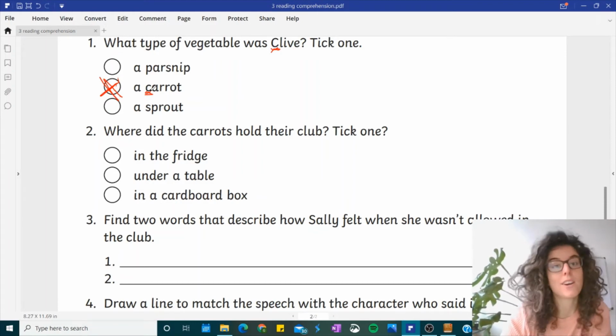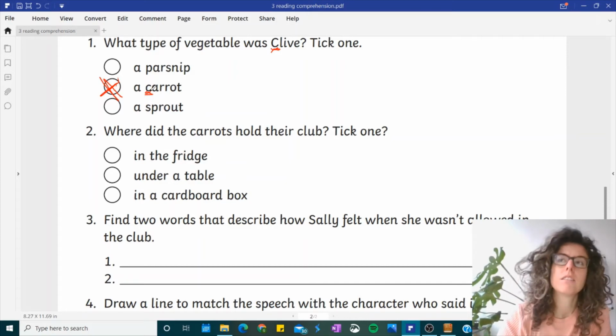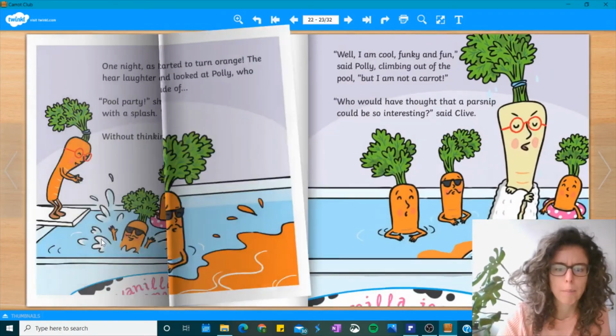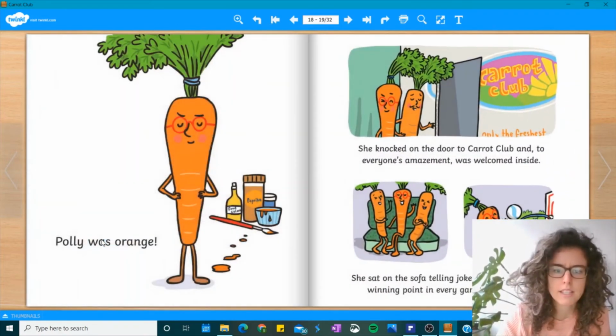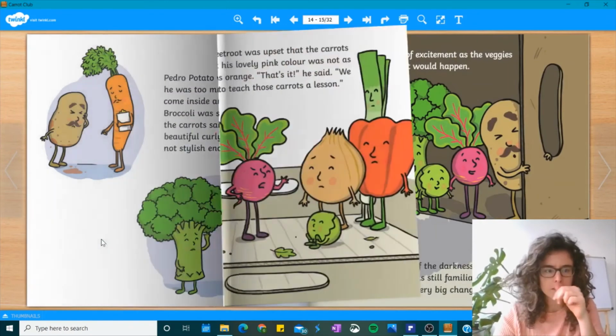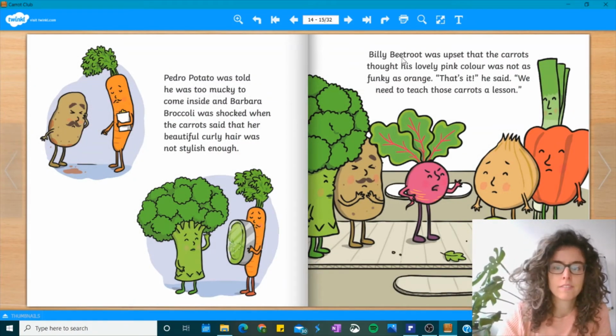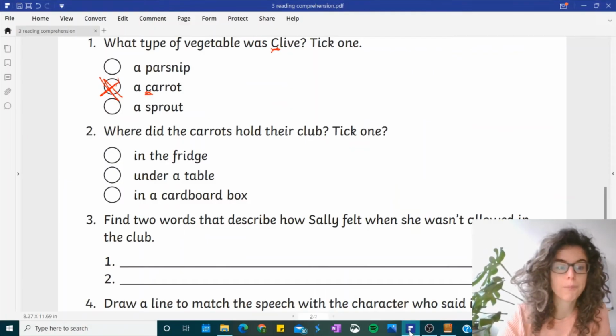Pedro, potato. Barbara, broccoli. What was the beet? Let's go back and look for the evidence of what the name of the beetroot was. I don't remember. Let's see, where is he? Ah, Billy beetroot. Right? So they all have names that start with the first letter of their vegetable.